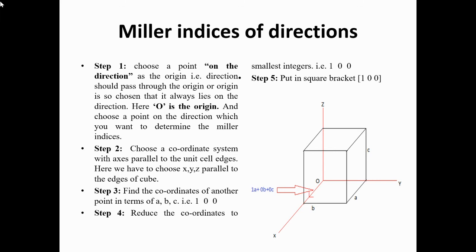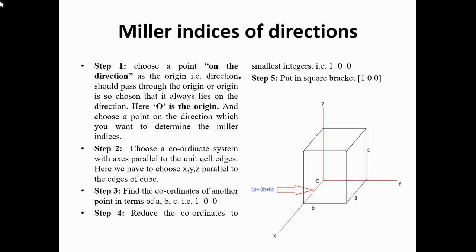Okay, though the angles between these x, y, z may not be 90 degrees, we still have to choose x, y, z parallel to the edges of the unit cell. This is the coordinate system of the unit cell.